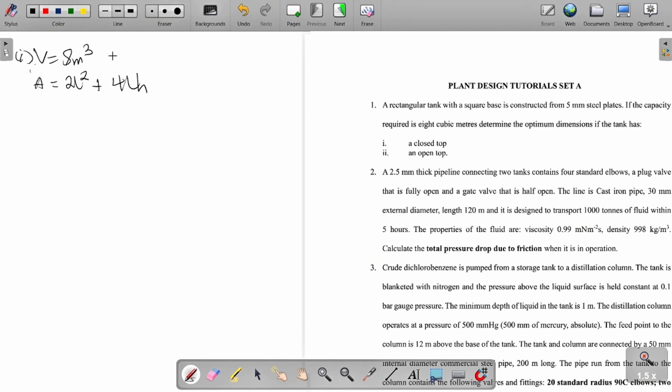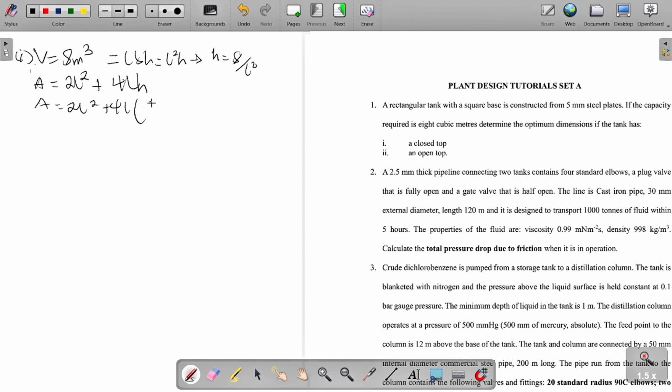The volume will be equal to L times B times H, but since it's a square base, the base becomes the length, so V = L squared H. From here I can make one variable the subject, which is H. So H becomes 8 over L squared, which I can put inside the area formula.